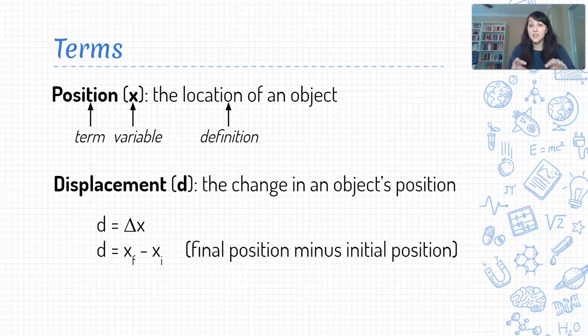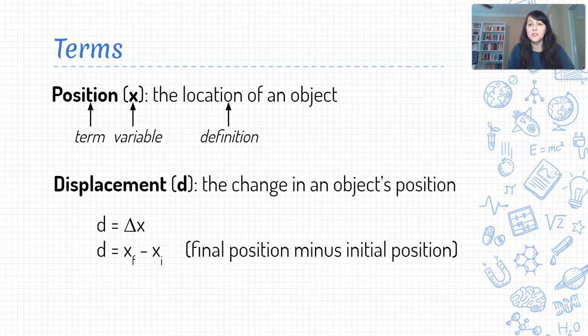Now, in this case, the subscripts f and i describe times, essentially, when the object had that position. And in this case, the f means the final. So x_f is the final position, minus x_i represents the initial position. So basically you're saying, where did you end up? And then subtract, where did you start? And then that tells me how far you went, okay? Or the difference between those two locations, right? So that's our definition for displacement, okay?